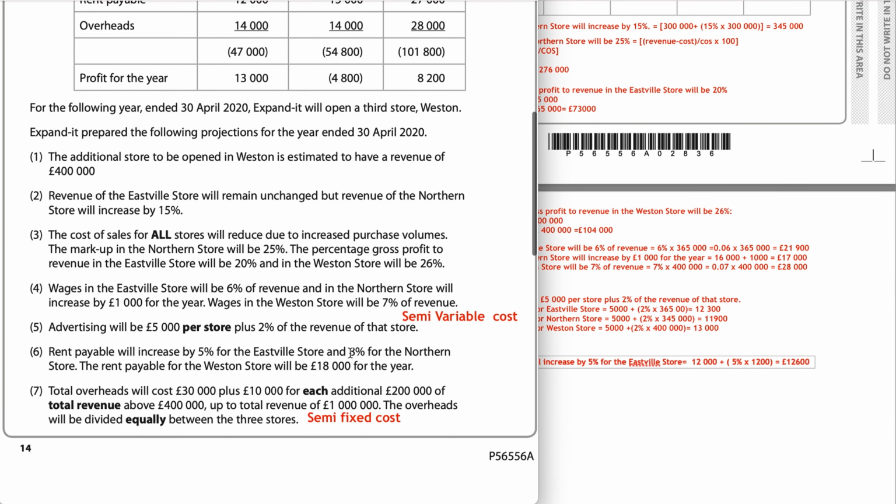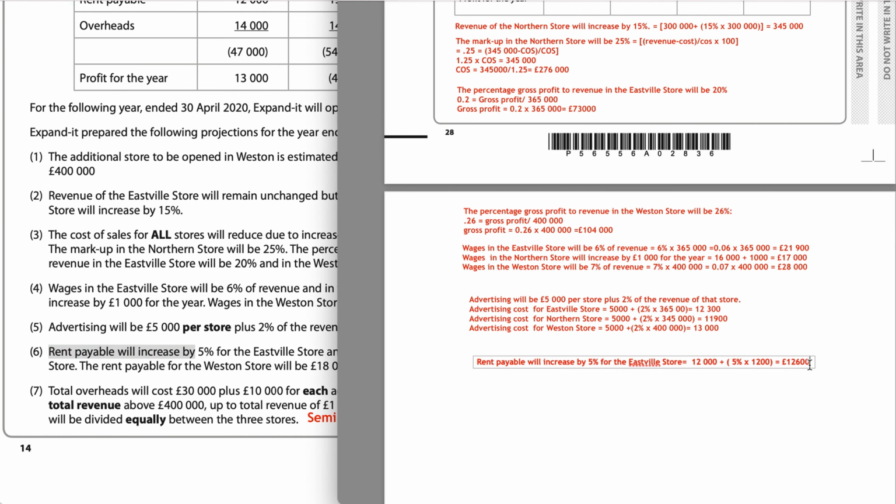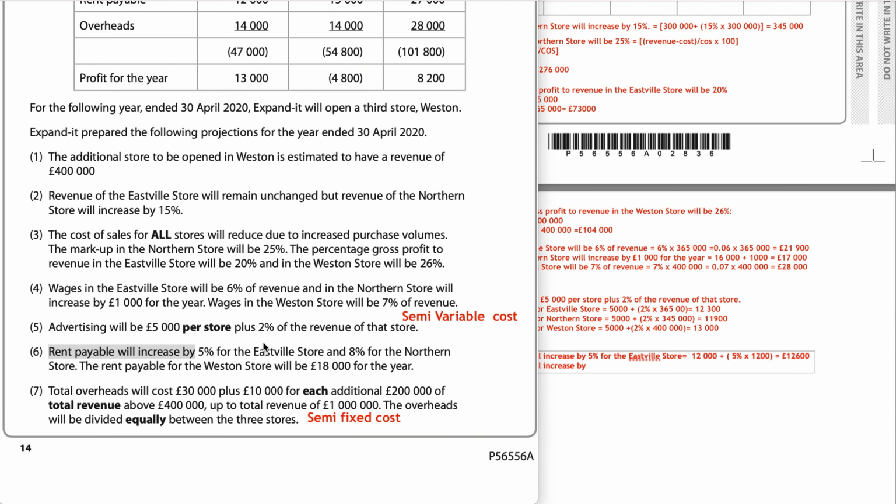Then for the northern store, the rent payable will increase by 8%.